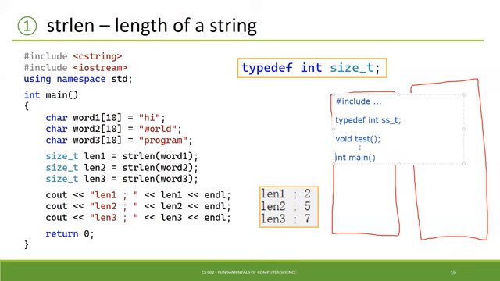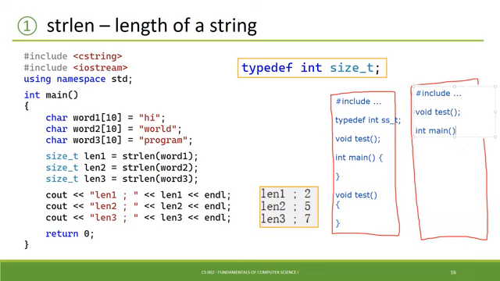This is your function, and then this is your main, and this is your test. This is one code. Let's talk about the other one. This also has an include at the top, and then void test, int main, and you have a typedef here.